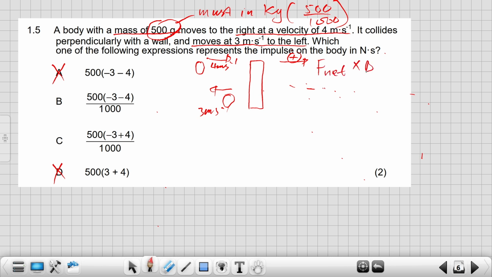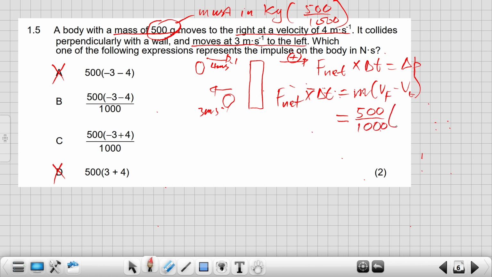So I am going to use Fnet multiplied by change in t is equal to change in p. Then Fnet multiplied by change in t is equal to m times (v final minus v initial). Can I substitute? Yes, I can. My mass should be 500 divided by 1,000. Did I make a choice of direction? Yes, I did.